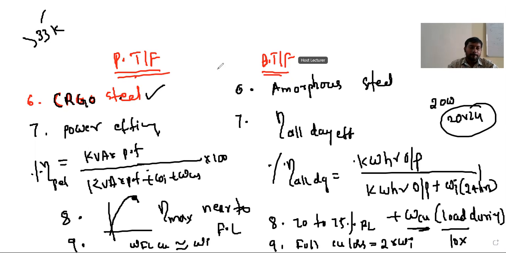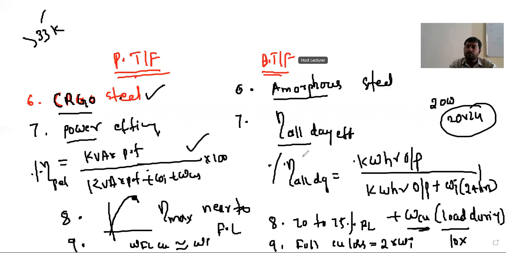Copper losses are kept minimum while designing the power transformer, and in the distribution transformer, iron losses should be kept minimum. The power transformer is made with CRGO steel, the distribution transformer with amorphous steel, and the efficiency of the power transformer is called power efficiency, while the distribution transformer efficiency is called all-day efficiency.